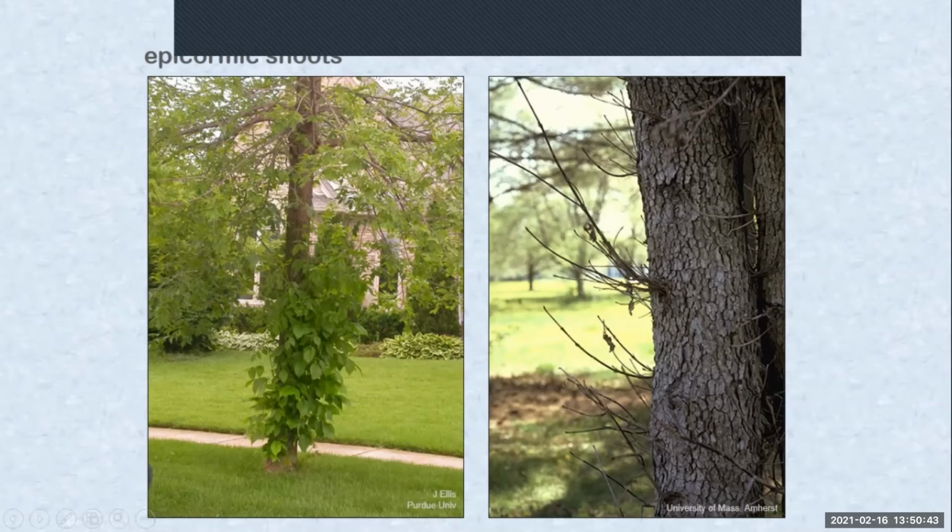So it might make you think, oh, good growth is occurring here. This tree must be healthy. But actually, when you have epicormic shoots, it's an indication that the tree is under some stress. In this picture, this is an ash tree that is being attacked by emerald ash borer.